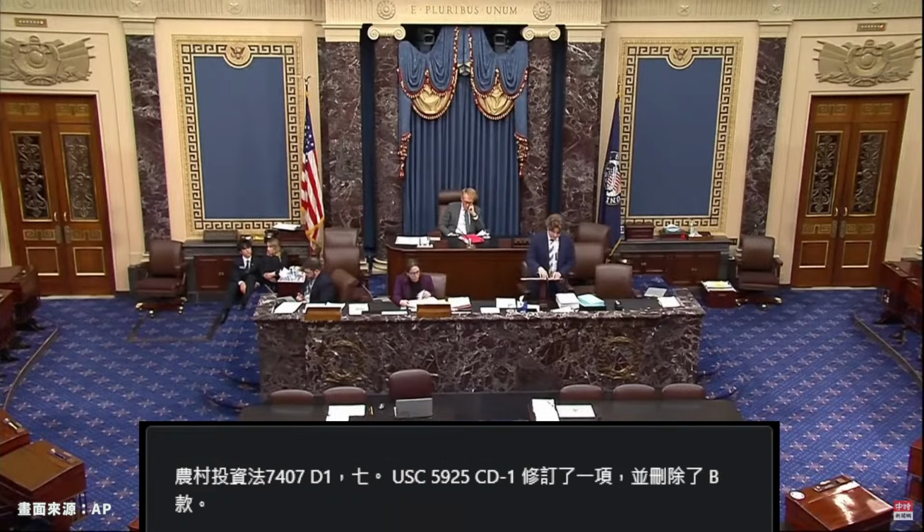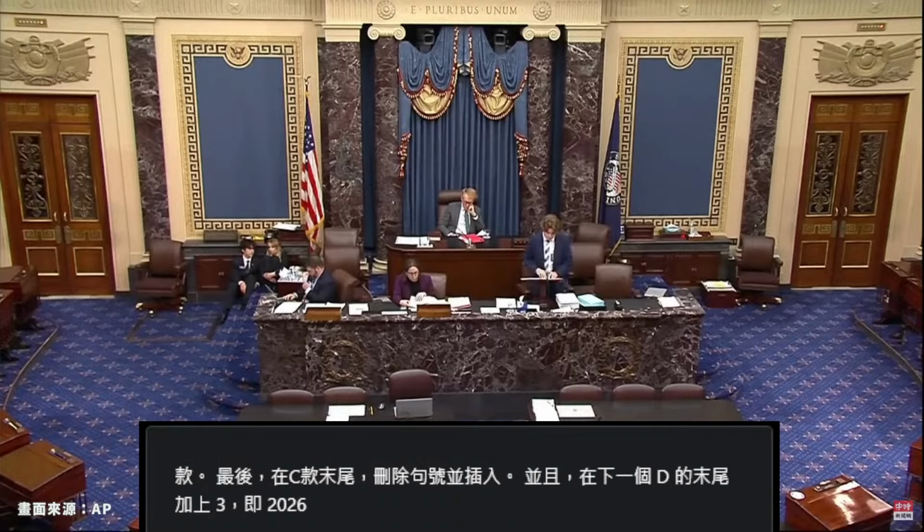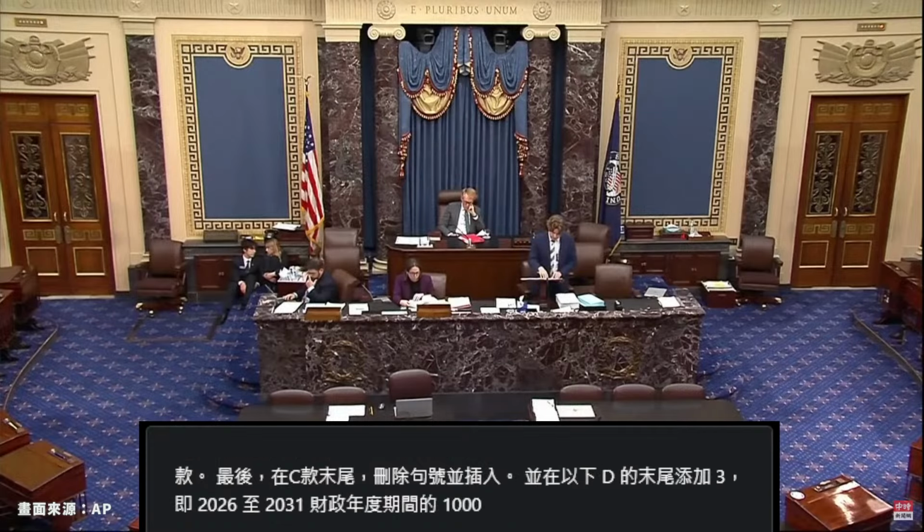(D) Modernization and Improvement of International Trade Technology Systems and Data Collection. Section 2123(c)(4) of the Organic Foods Production Act of 1990, 7 U.S.C. 6522(c)(4), is amended in the matter preceding subparagraph (A) by striking "and $1 million for fiscal year 2024" and inserting "$1 million for fiscal years 2024 and 2025, and $5 million for fiscal year 2026."